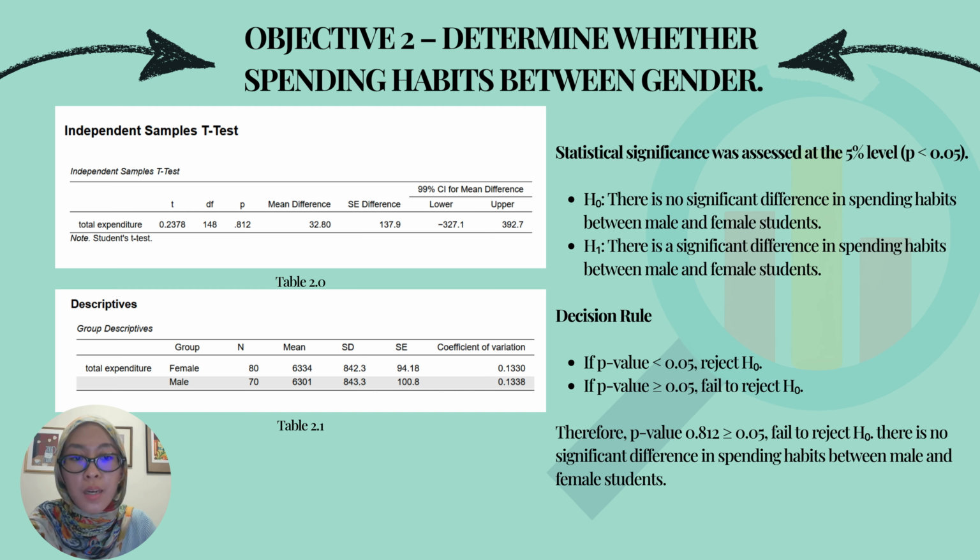Therefore, we fail to reject the null hypothesis. This means that there is no significant difference in spending habits between male and female students. Although the average expenditure is slightly higher for females than males, the difference is not statistically significant.